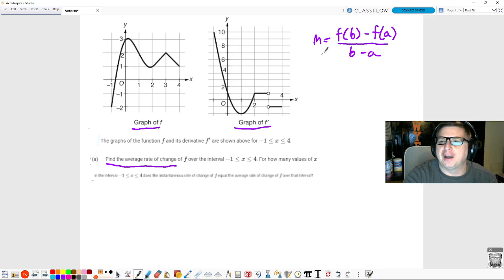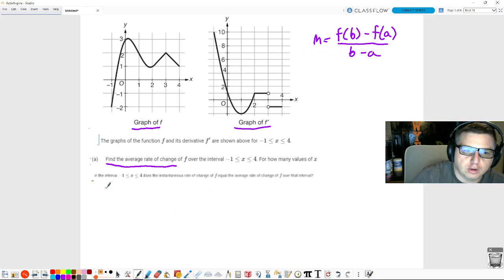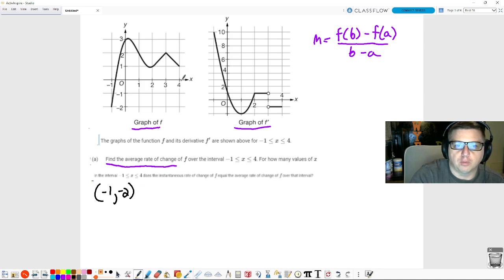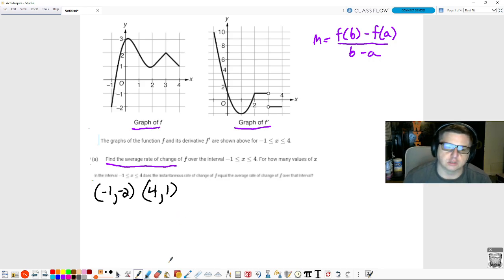Okay, so looking at this, we want to find the average rate of change. So what are our two ordered pairs? When we look at this, where do we start? We're starting at -1, -2, and then we're ending at 4, 1.